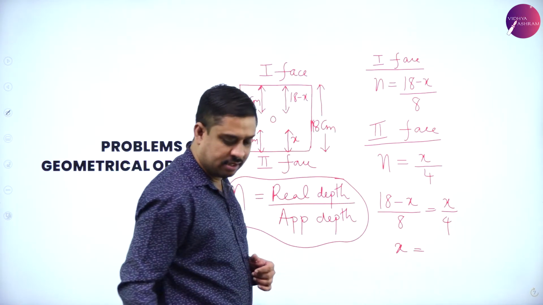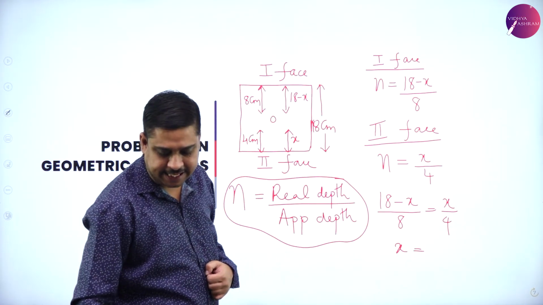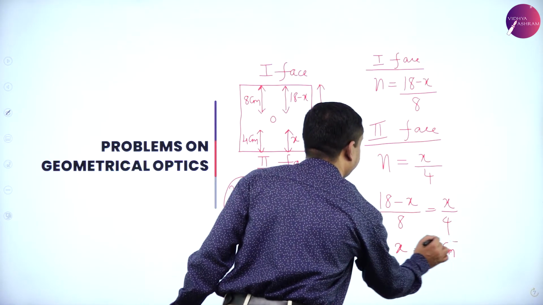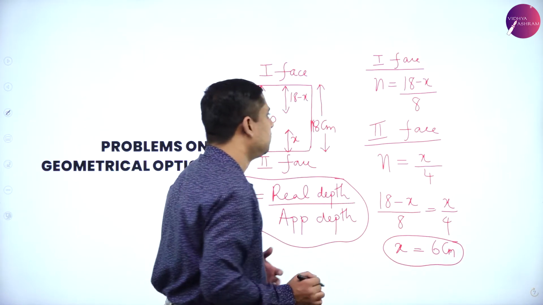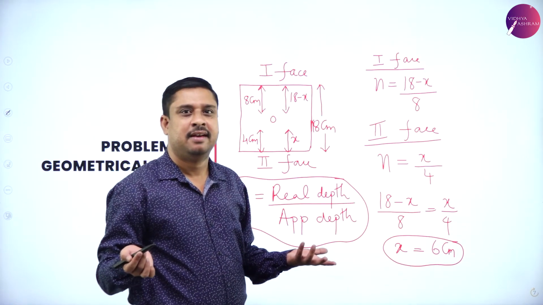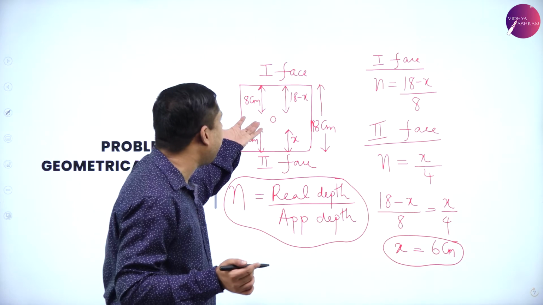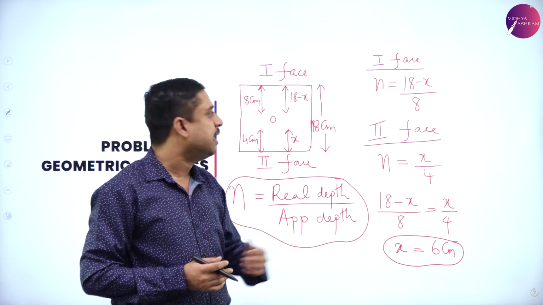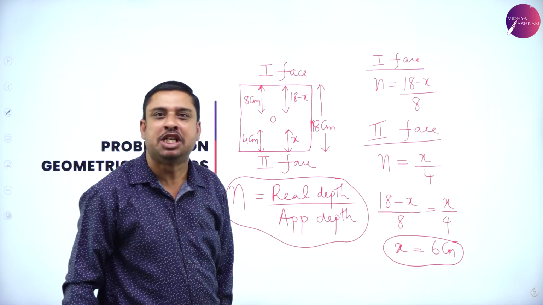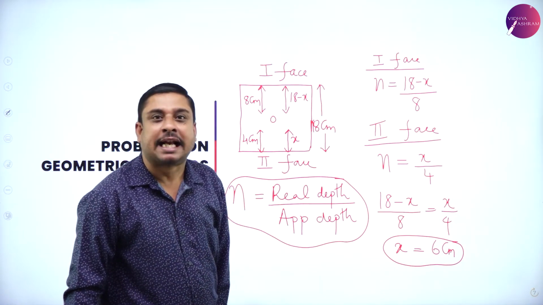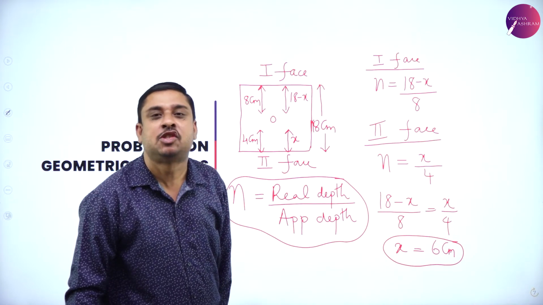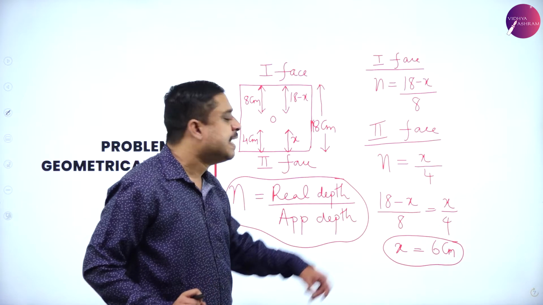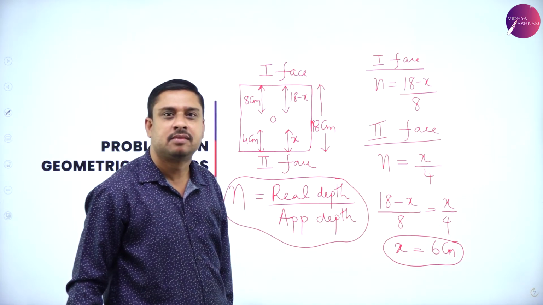Which means x is equal to 6 centimeter. If you have understood the diagram, if you know this simple relationship, getting x is not a big issue. So the real distance of the bubble from the second phase is 6 centimeters.